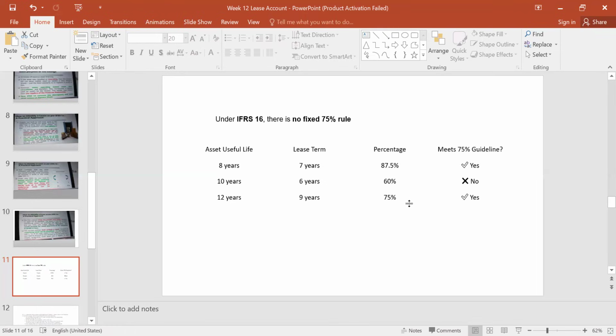Okay, this is under consideration for a lease according to IFRS 16. You can deal with the lease agreement by this percentage. This is the condition of how many years you have to continue the lease agreement.